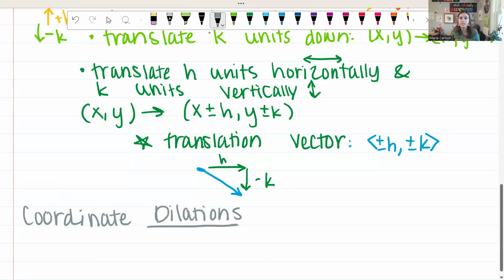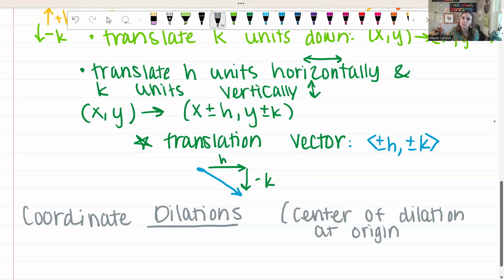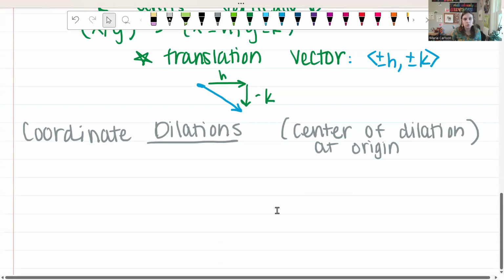So coordinate dilations have their center of dilation at the origin, at least the ones we're going to be looking at here. So what are the coordinate dilations?